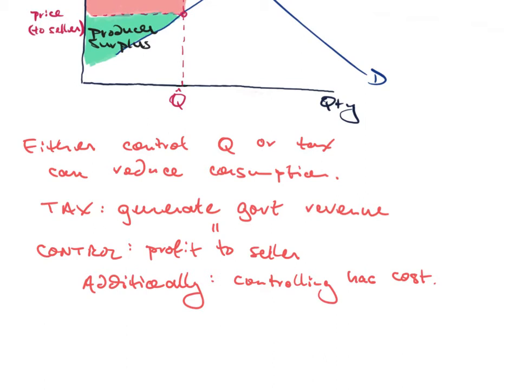And it's sort of ironic that consumption control policies make sellers rich and force the government to fund the police to cut down on sellers, who can finance their end of the war on drugs with the profits they get from selling drugs at high prices.